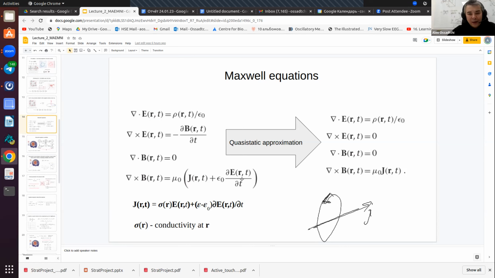So there are basically two sources of the magnetic field. The first one is the current itself. If the current is there, then it will generate a magnetic field, right? And the stronger the current, and here we talk about the current density, per element of volume, the denser and more intense the current is, the faster this field will rotate.